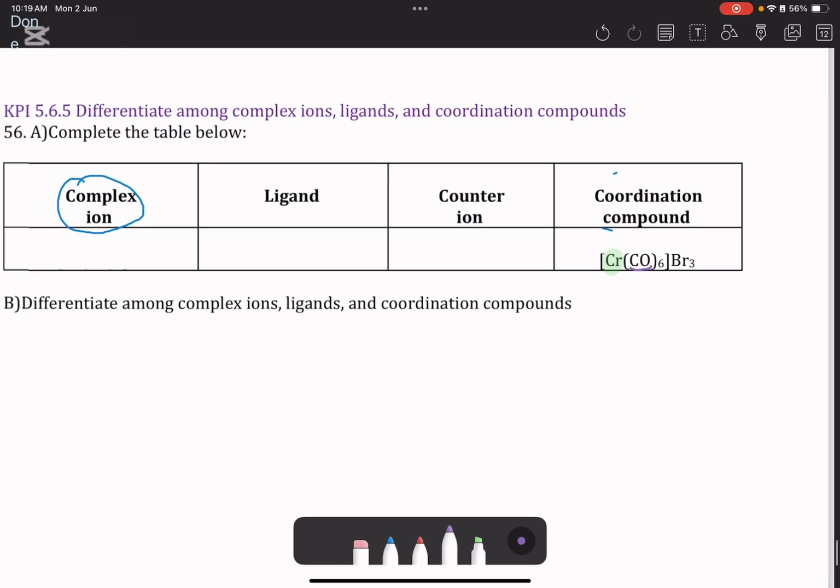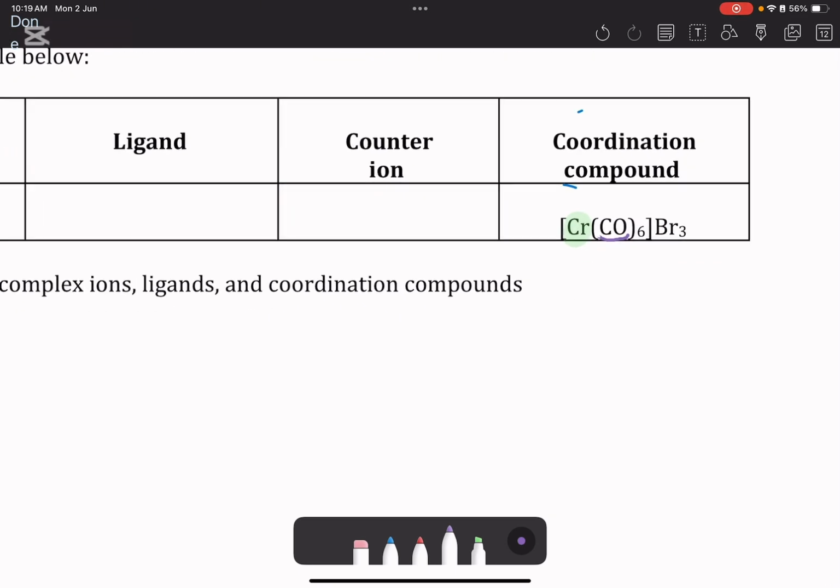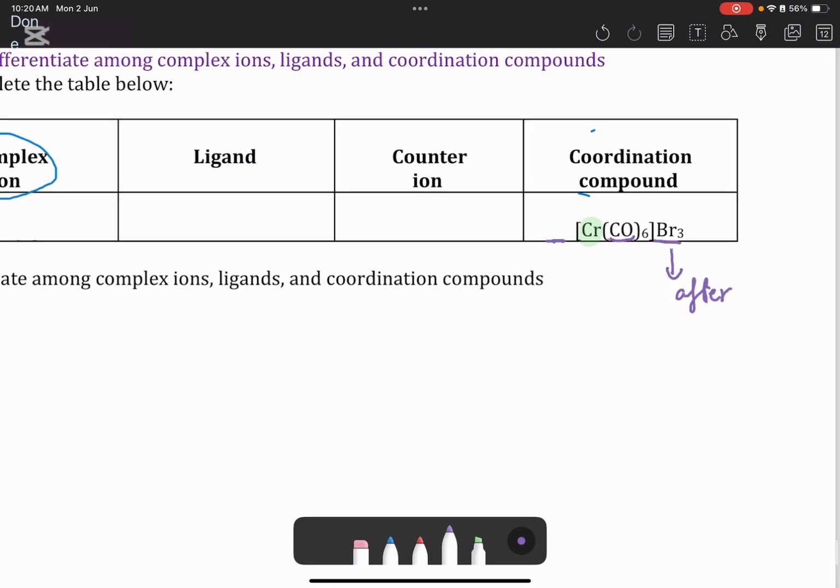The ligands could be charged, could be neutral, and next to it there is a counter ion. The counter ion will be written after the complex ion, so the whole thing is a complex ion if the complex ion is positive.